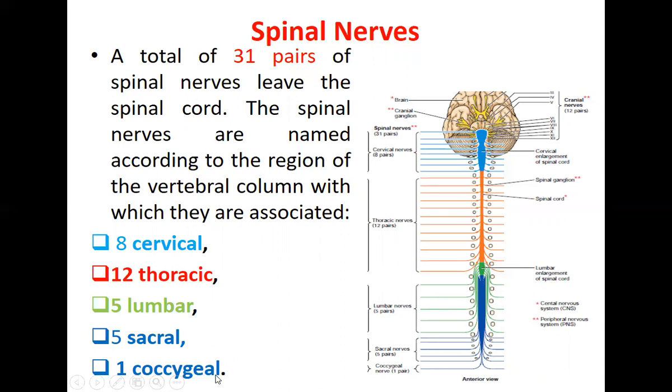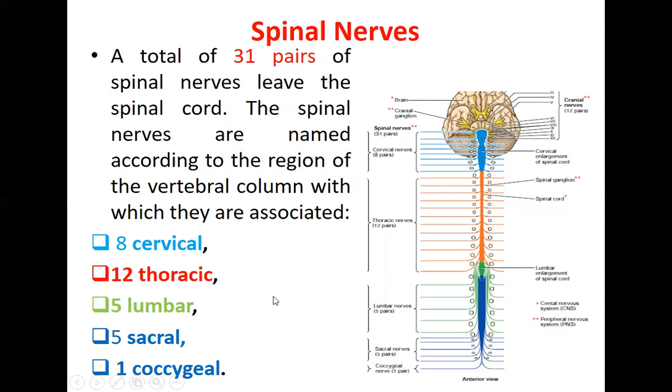If you remember, we studied a similar division when we studied the vertebrae: cervical, thoracic, lumbar, sacral, and coccygeal. But vertebrae were 34, while spinal nerves are only 31. The cervical vertebrae were 7, but there are 8 cervical nerves coming in the neck. There were 12 thoracic vertebrae and there are 12 thoracic nerves.